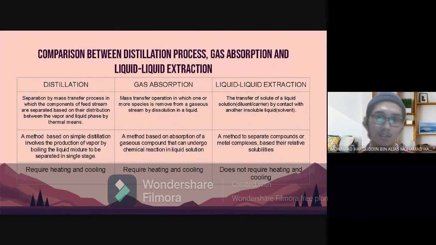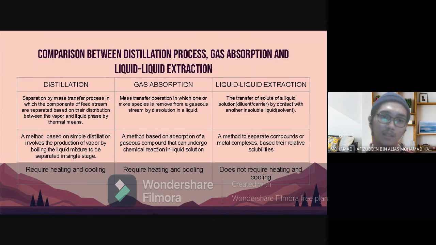For gas absorption, it is a mass transfer operation in which one or more species is removed from a gaseous stream by dissolution in a liquid. So for liquid-liquid extraction, it is the transfer of solute from a liquid solution, the diluent or carrier, by contact with another insoluble liquid, which is the solvent.